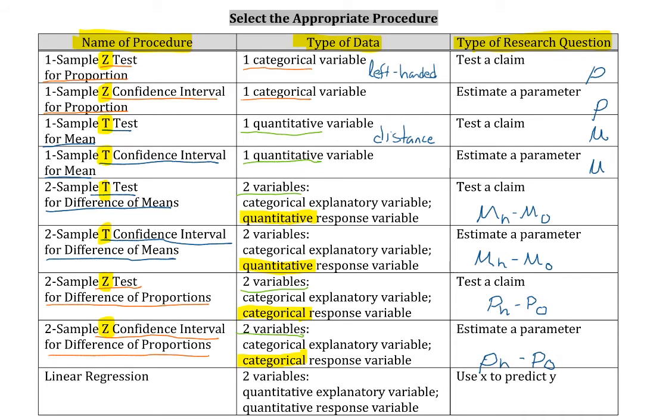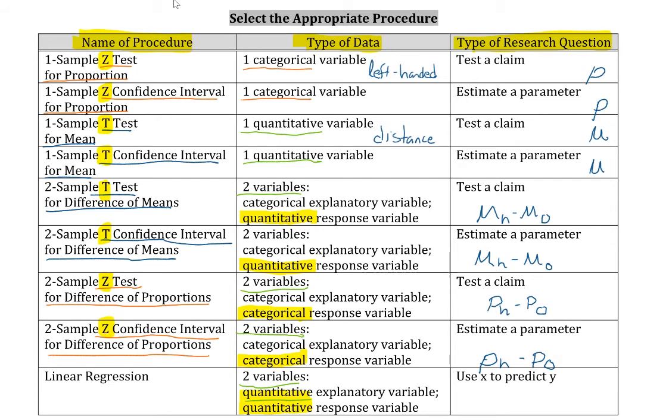The last example we have is if you're given two variables, maybe a quantitative explanatory variable and a quantitative response variable. An example might be considering the weight of your car and the gas mileage you get.